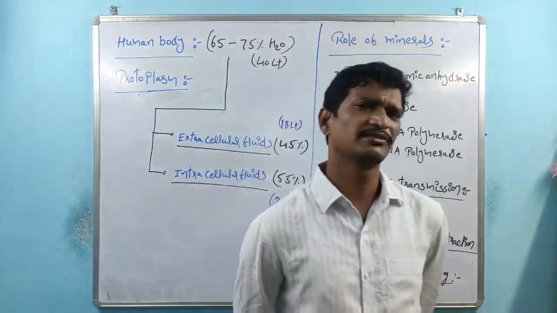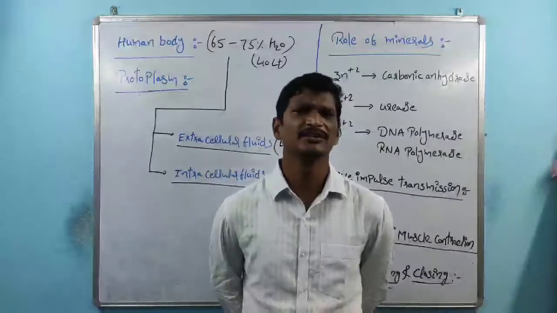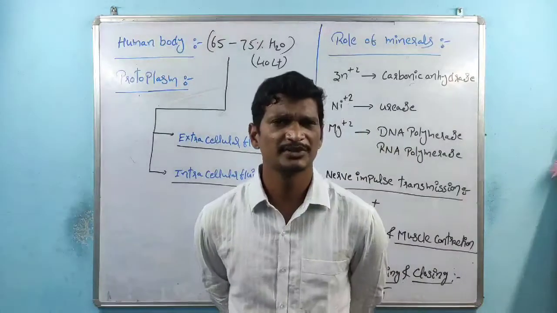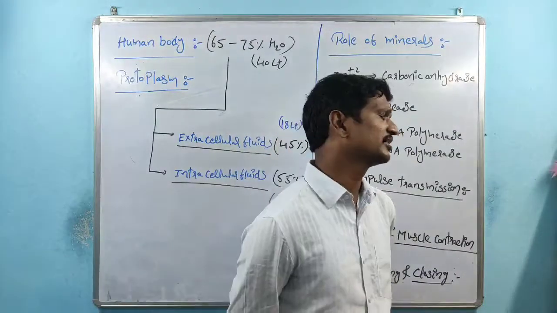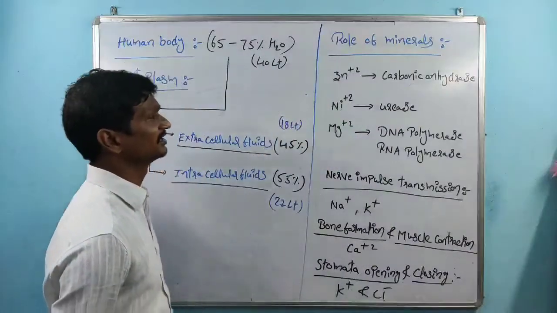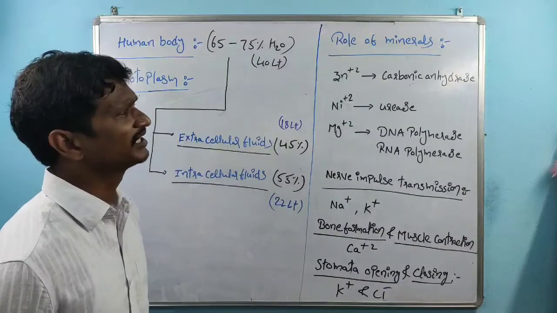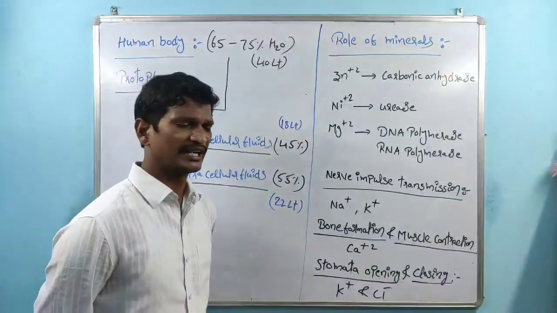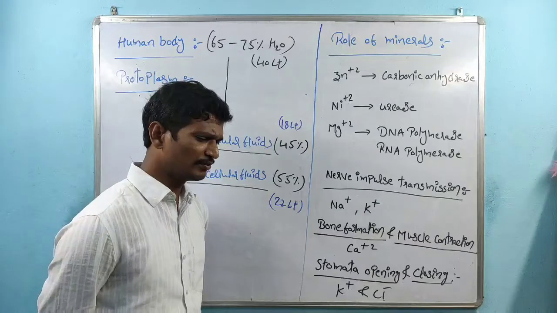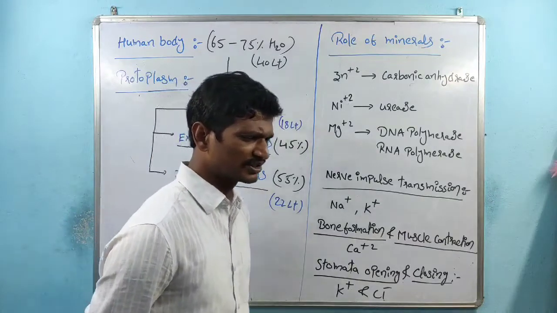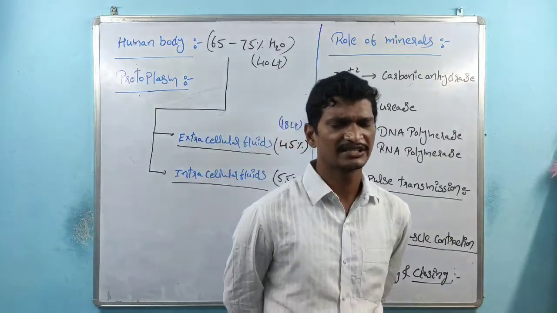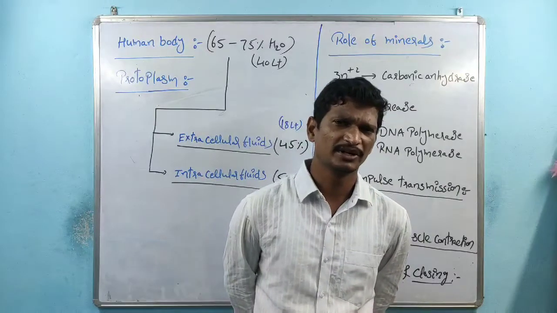Not only that enzyme, several types of enzymes are there. The majority of enzymes require metal ions for their activity. Some examples are given here. Zinc, carbonic anhydrase. Carbonic anhydrase is the enzyme. Our body produces carbon dioxide, and the carbon dioxide is converted into bicarbonate ions.